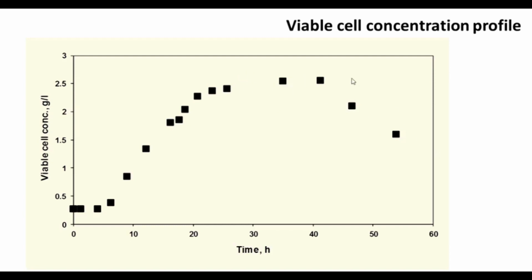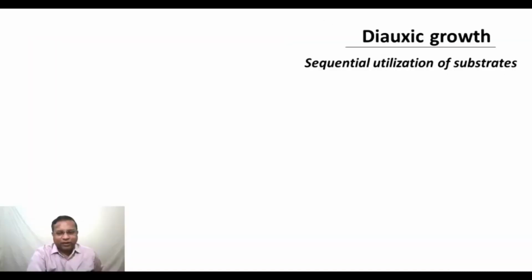You enter the death phase, which will show up in the viable cell concentration profile. It does not show up for a long time in the total cell concentration profile. That's actual data.